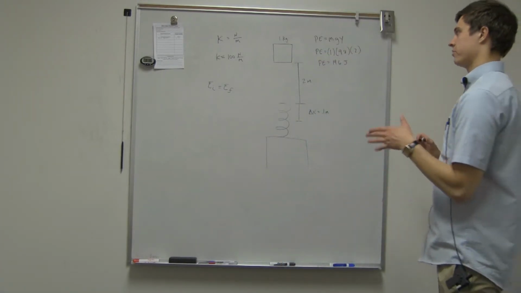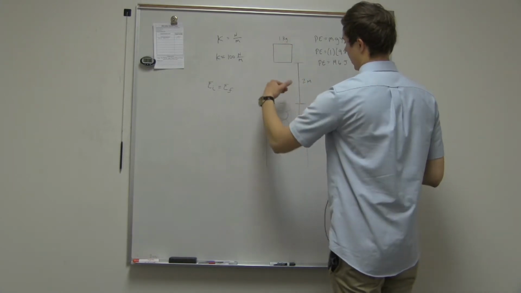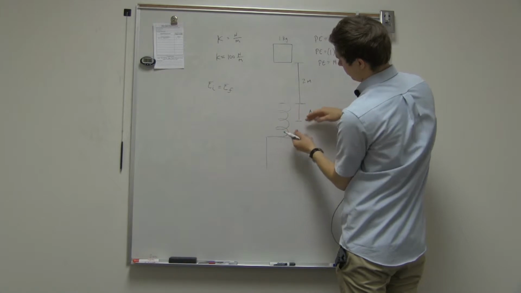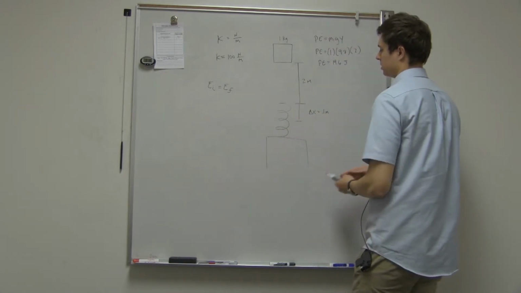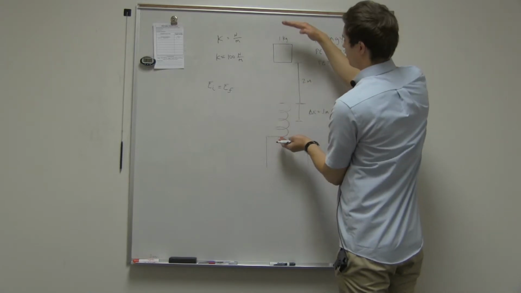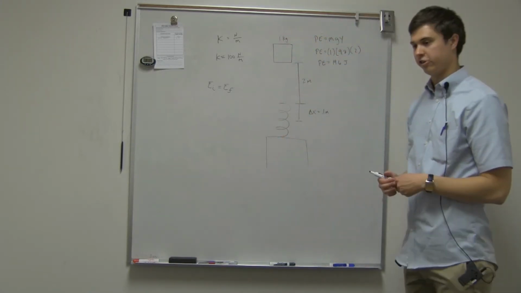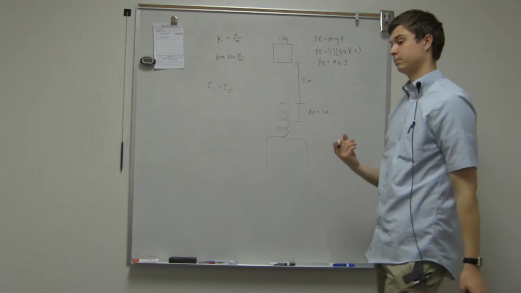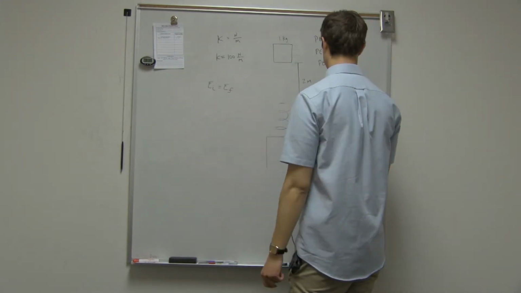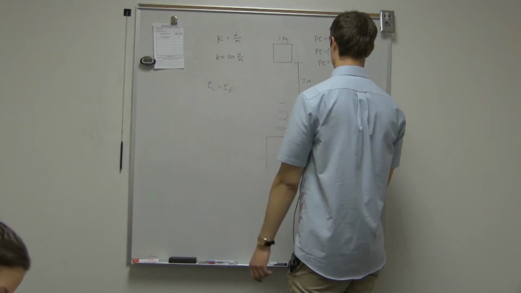So after we drop this thing and it falls and compresses the spring to the maximum compression, 0.1 meters, at that instant, if we took a snapshot right before it springs back up, what type of energy do we have in our system? Potential energy of a spring. So our final energy is all spring potential energy.